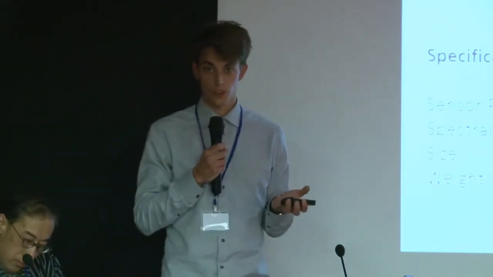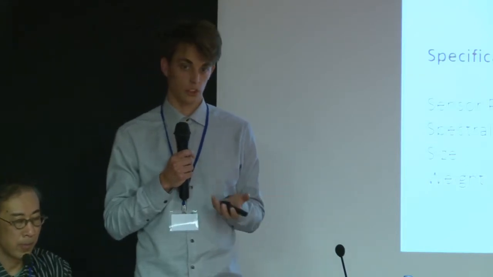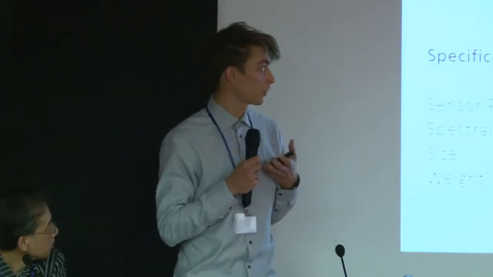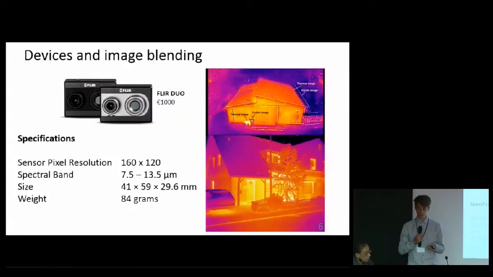There are a range of different thermal cameras that you can use, and many of them are small and cheap enough to attach to a drone. I'm personally using something called a FLIR Duo. It costs around 1,000 euros, and it has two sensors: one regular red, green, and blue sensor, and a thermal infrared sensor. You can store these two images separately or combine them into a blended image if you want.